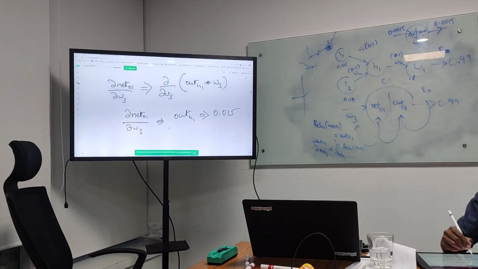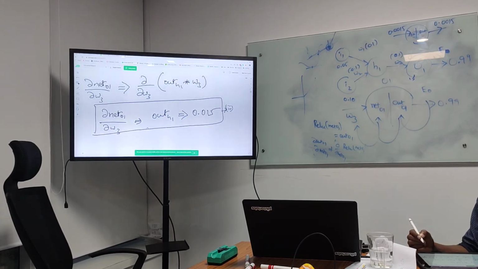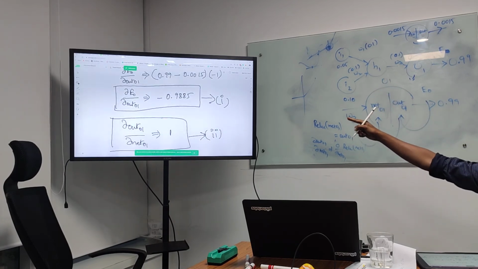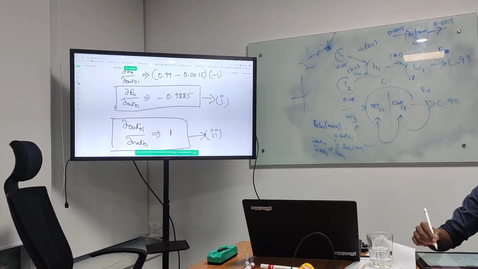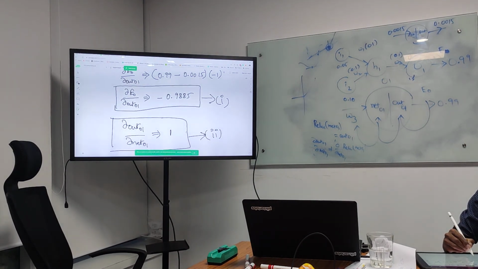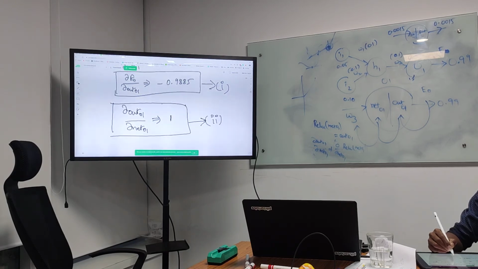Cool. So this was my missing piece. Third one, right? So I had first, second, and third outputs. I'll just write it down. My first one was dou E naught by dou out O1. That is nothing but minus 0.9885 into 1.